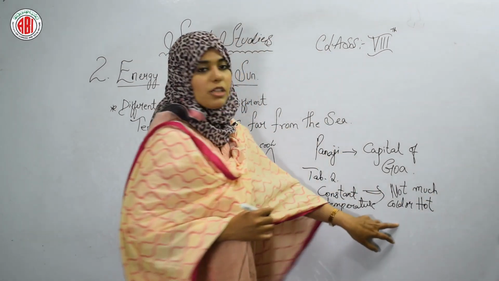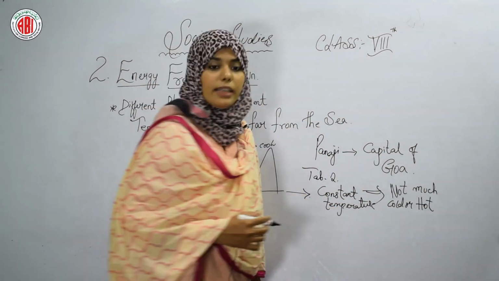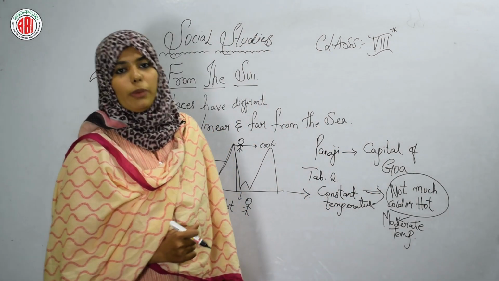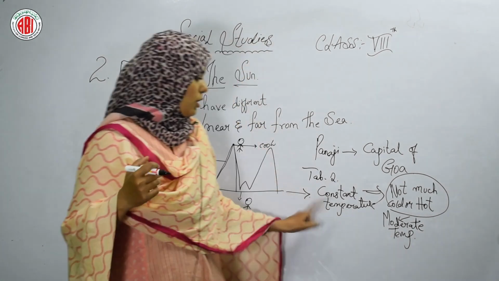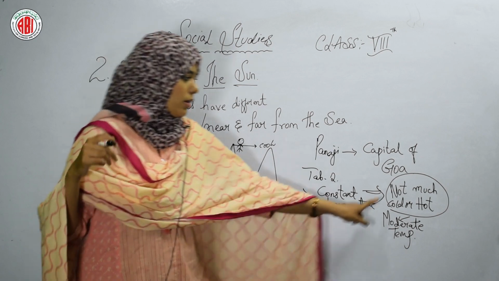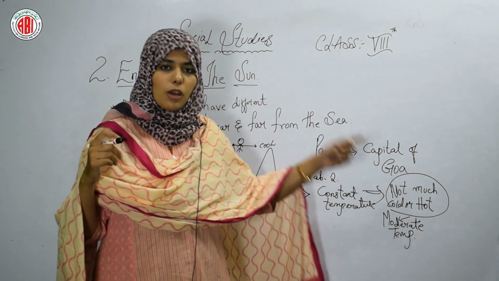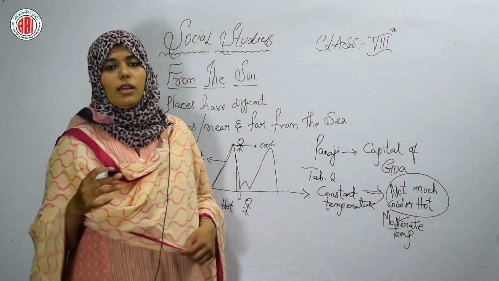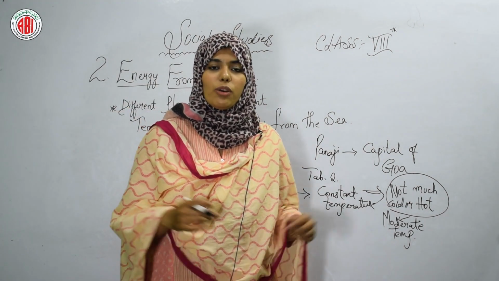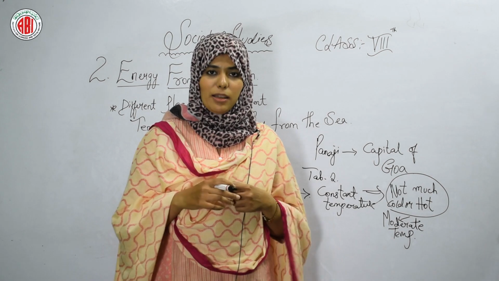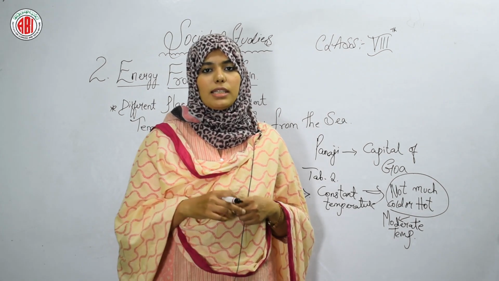So these temperatures are called moderate temperatures. Okay, so I hope it is clear what we mean by moderate temperature: fairly constant temperature, not too hot and not too cold. Very easy to survive for the persons in those places. Moderate temperature, very healthy and pleasant temperature. Okay children, so let's see what it is saying further.